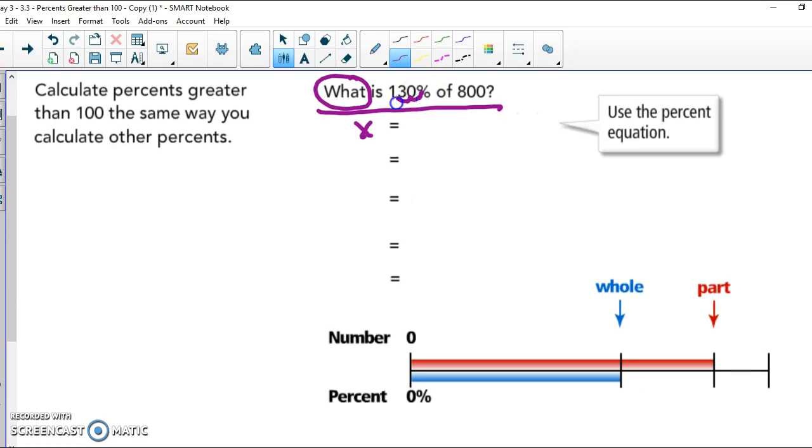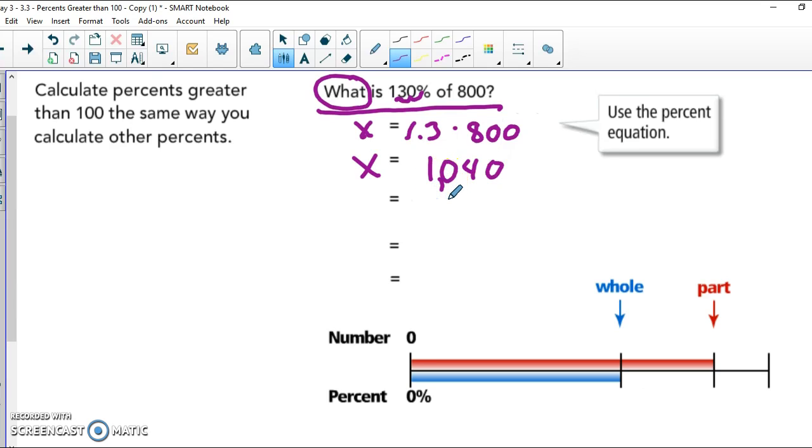To do that, I'll move the decimal point over 2 spots, so this becomes 1.3. Of means times, and 800 I can just keep as a numeral. So x is really 1.3 times 800, which when I multiply that out, I get x equals 1,040.